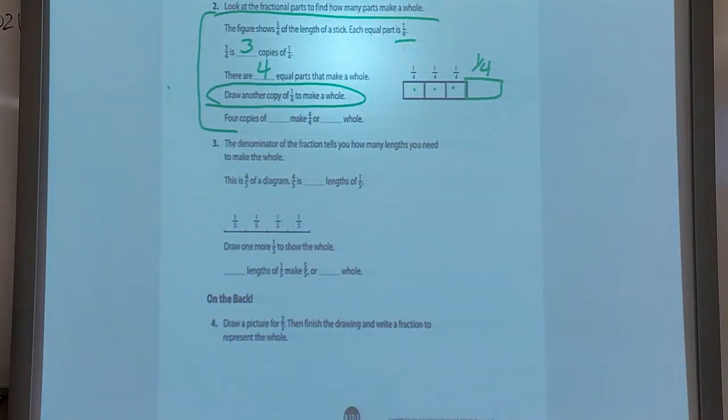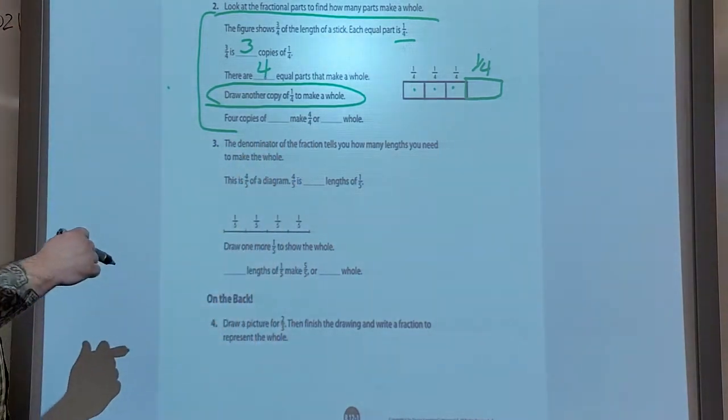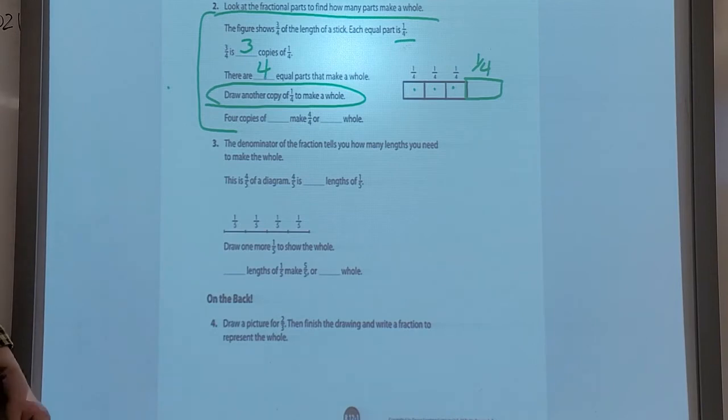But you guys should know that automatically because the denominator is 4. If the bottom number is 4, that means there are 4 equal parts that make up that whole. That's your hint right there. That's what it shows you. So it says 4 copies of blank make 4/4 or 1 whole. So how many copies of, well, what could you break 4/4 into? Ariana.